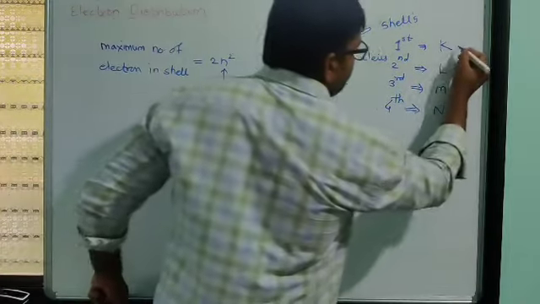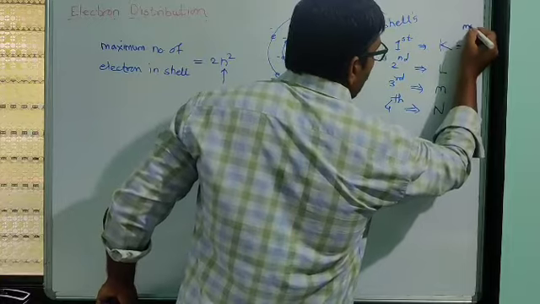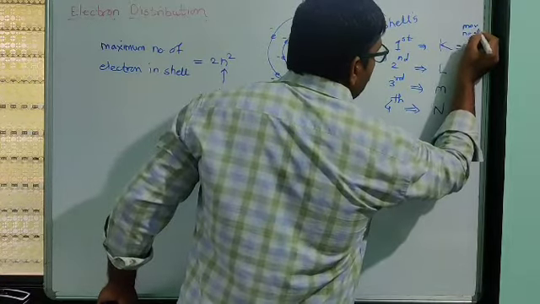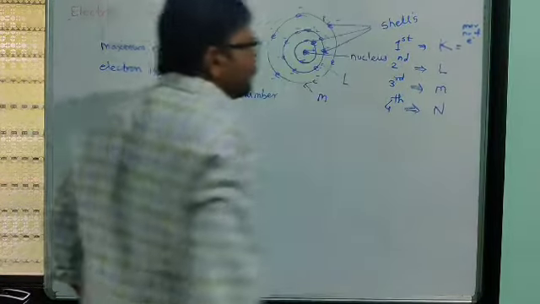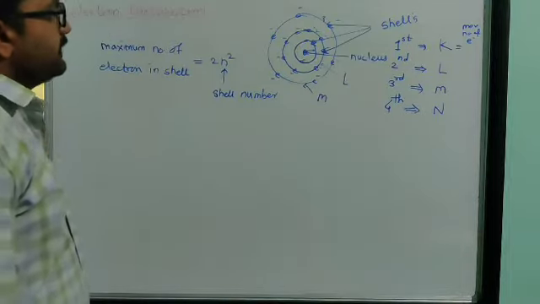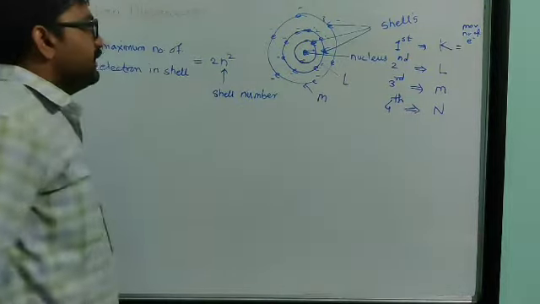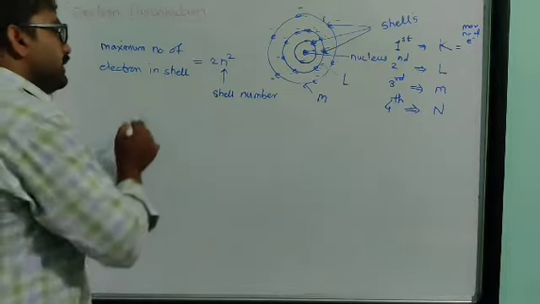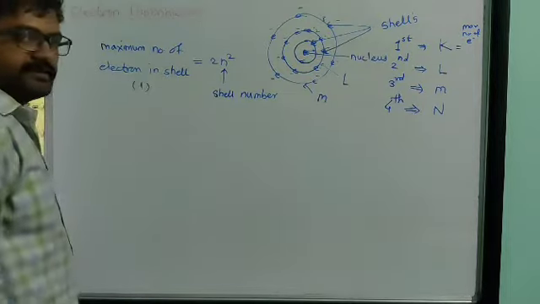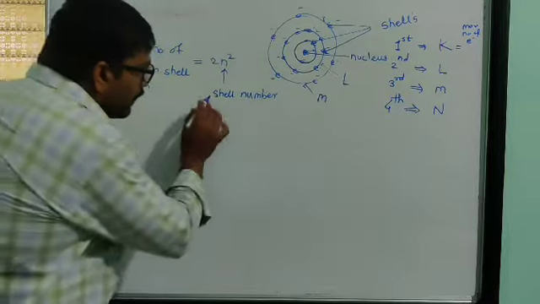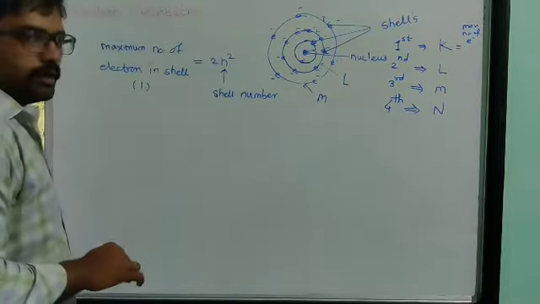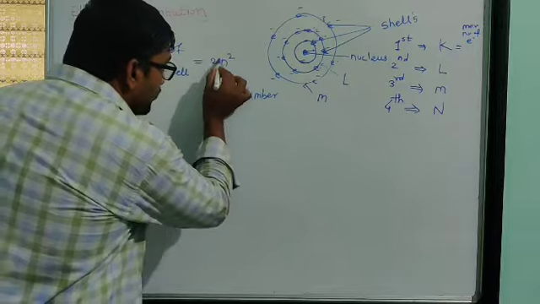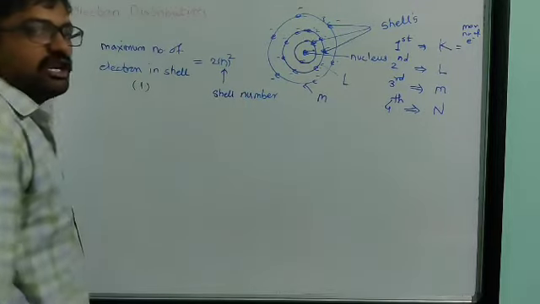Suppose in this column we write the maximum number of electrons. This is the first shell. The formula gives the maximum number of electrons, and now we calculate for the first shell. 2n square is the formula, where n is the shell number.